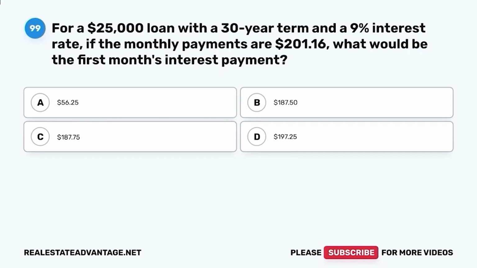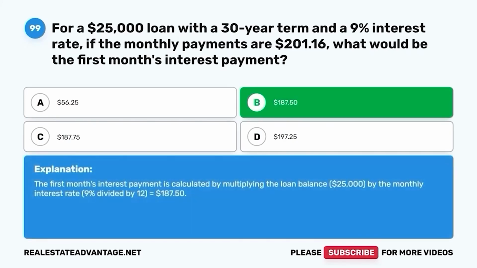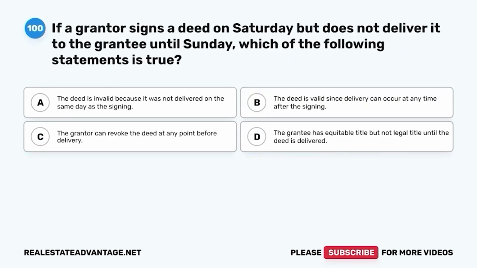D. $197.25. The correct answer is B. $187.50. The first month's interest payment is calculated by multiplying the loan balance, $25,000, by the monthly interest rate, 9% divided by 12, which equals $187.50.